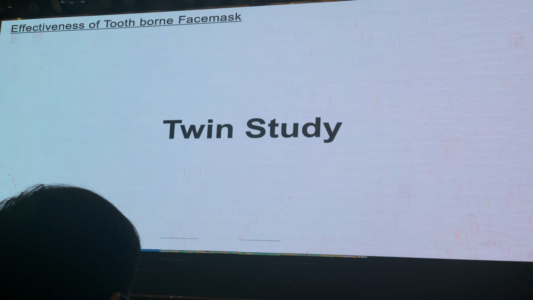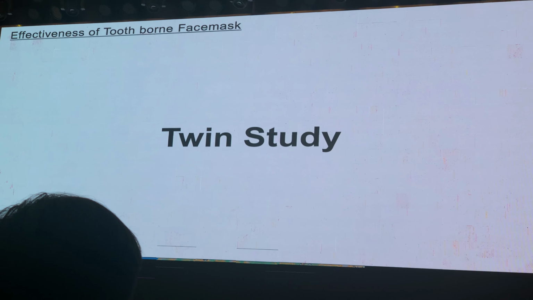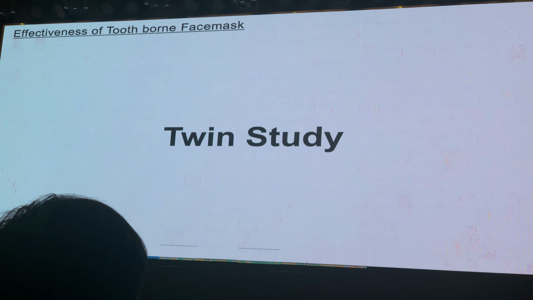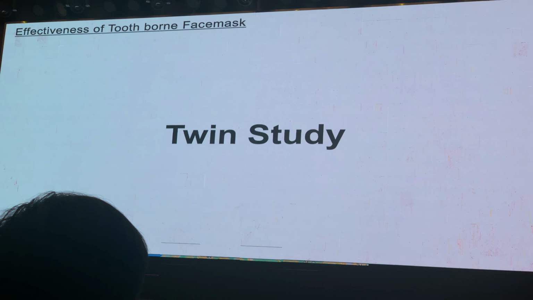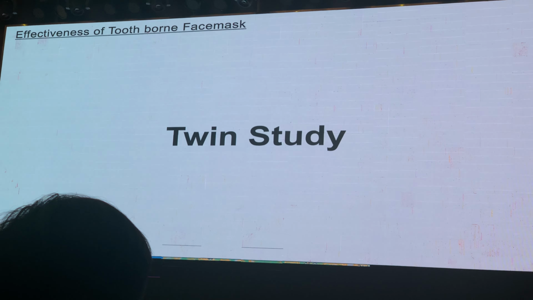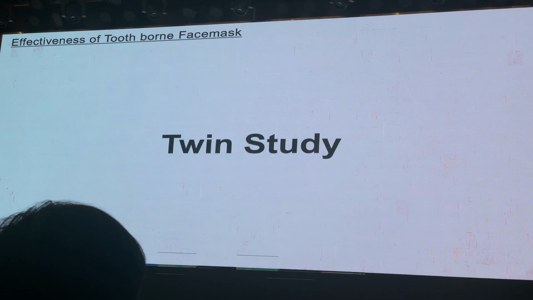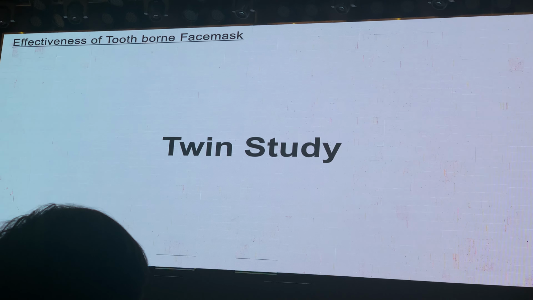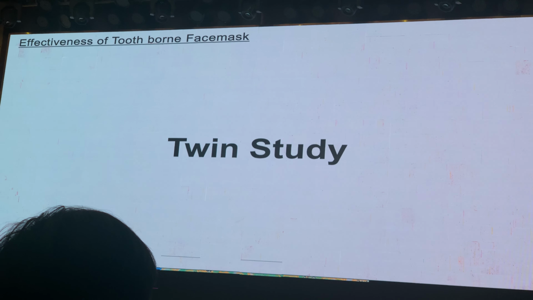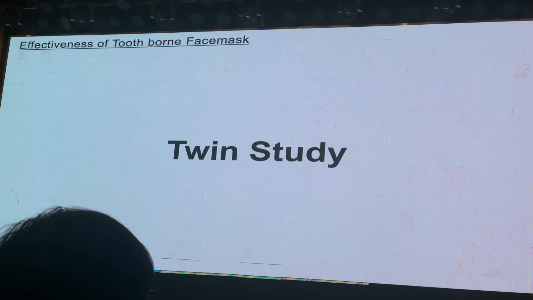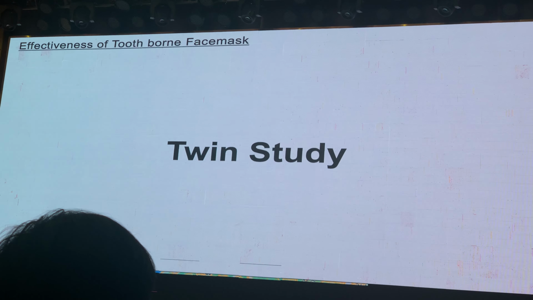First one I want to show you is twin study. To establish the best design, you have to fulfill 4 kinds of validity: internal validity, conclusive validity, construct validity, and also external validity.